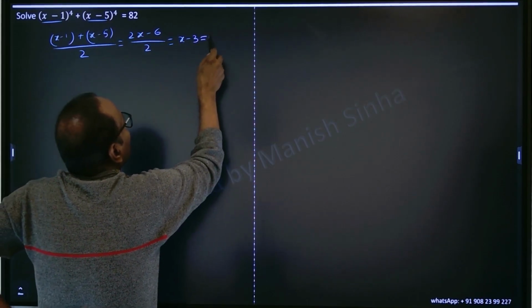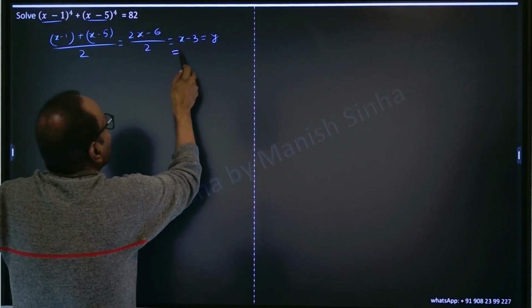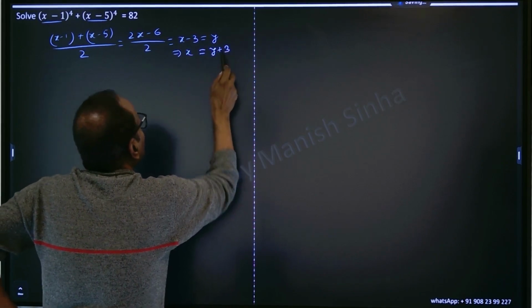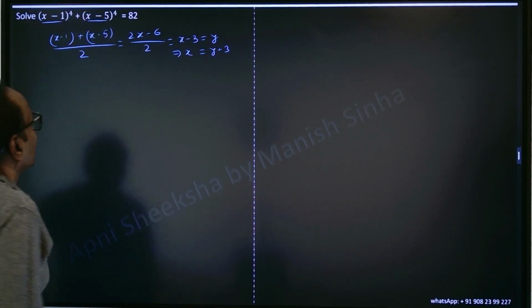And let us say this equal to y. So your x will become y plus 3. Put this value of x in your equation and then see what is coming.